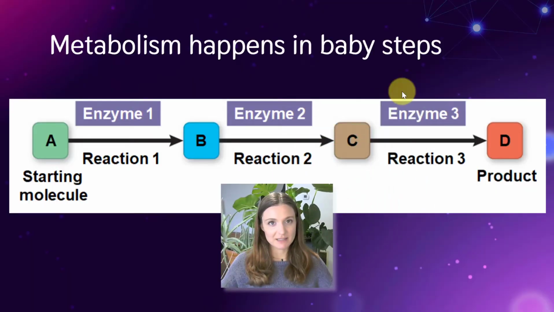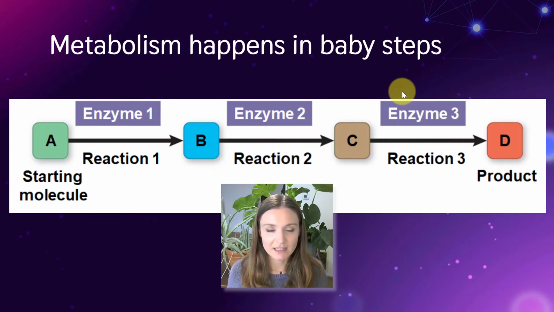So we talk about metabolism, the sum of all the chemical reactions happening in a cell. That can seem like there's a lot going on, right? And there's a lot going on. There's a lot of chemical reactions building up and breaking down cells.